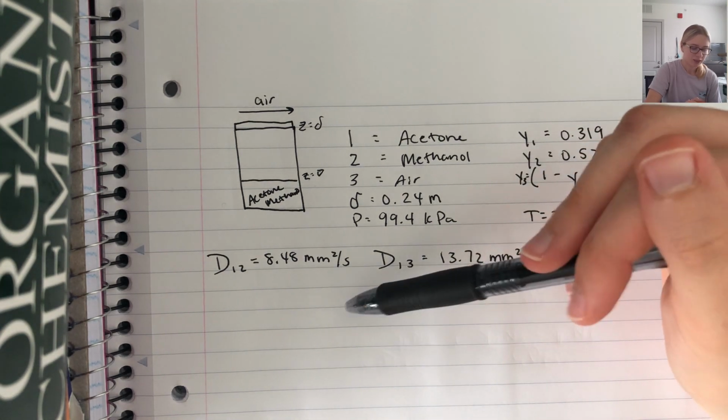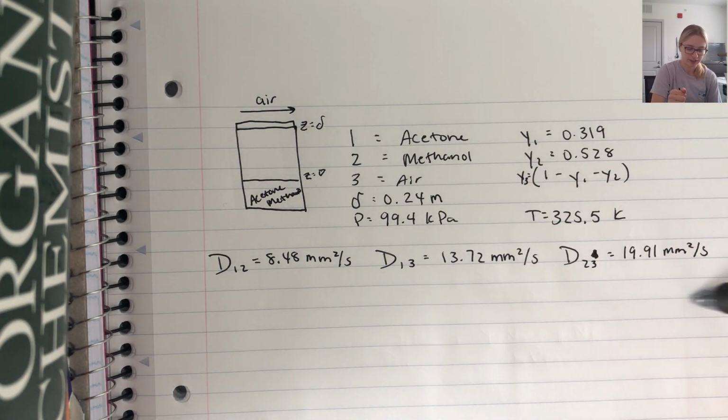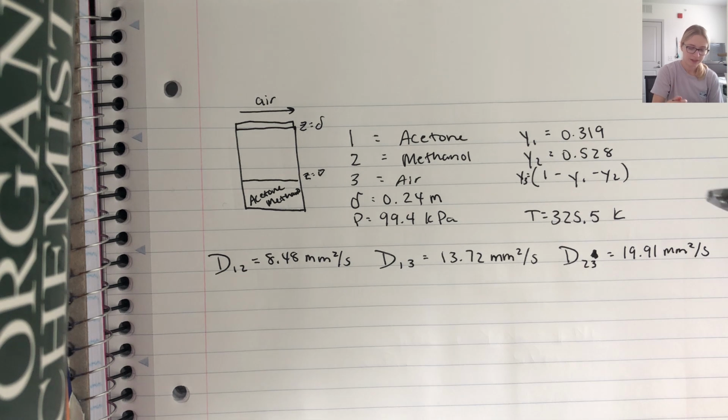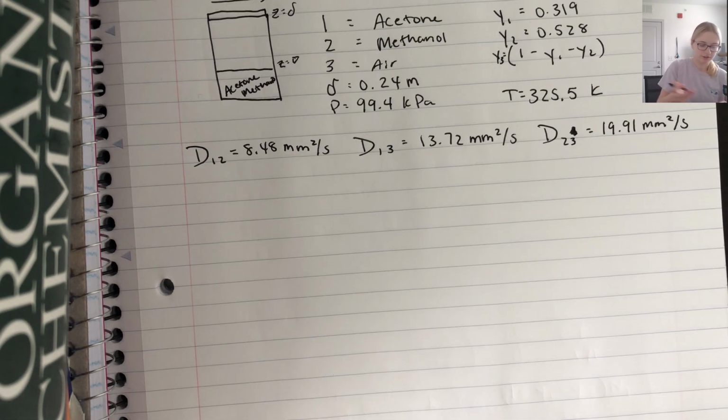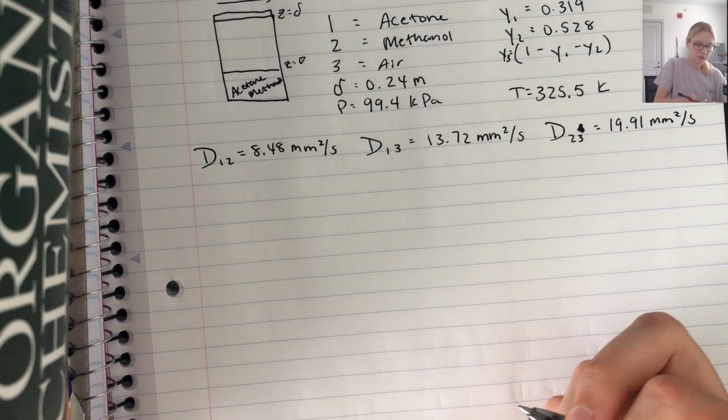Finally, we are given the Maxwell-Stefan diffusion coefficients for the situation. Since we are given these diffusion coefficients, we can solve for the molar fluxes of acetone and methanol through Maxwell-Stefan relationships. So we can write out the Maxwell-Stefan relations for components 1 and 2.